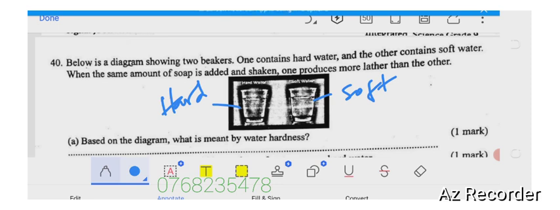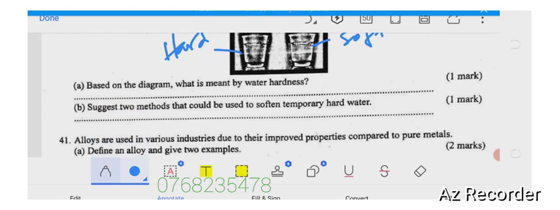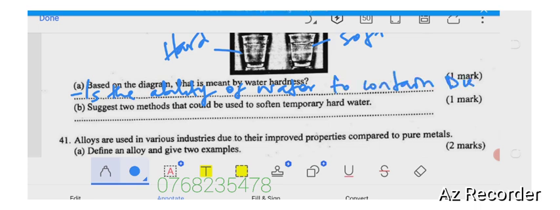water. So based on the diagram, what is meant by water hardness? Water hardness is the ability of water to contain dissolved salts or minerals.